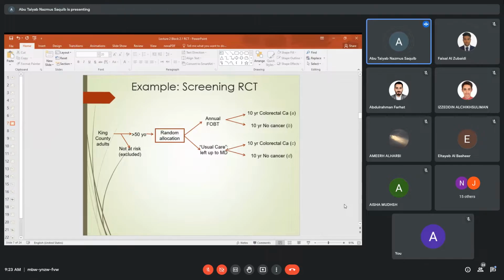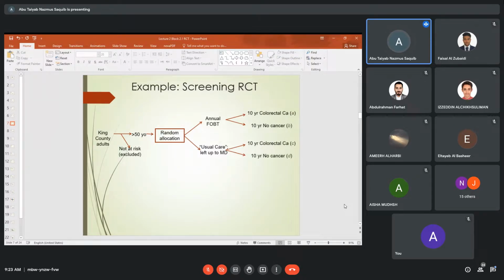The objective of the secondary prevention is to catch the disease early, so that you can treat them and they get better. Because if you diagnose the disease late in the stage, maybe death will be more likely, maybe cure will be less likely. So you want to catch the disease early.